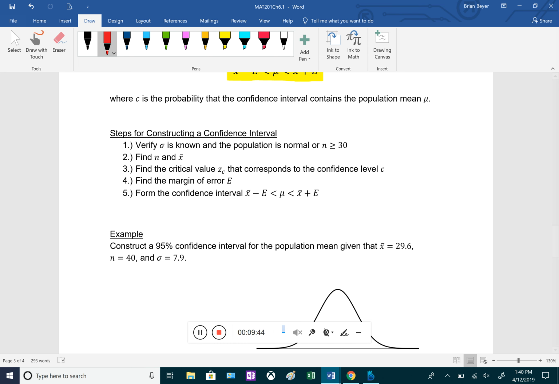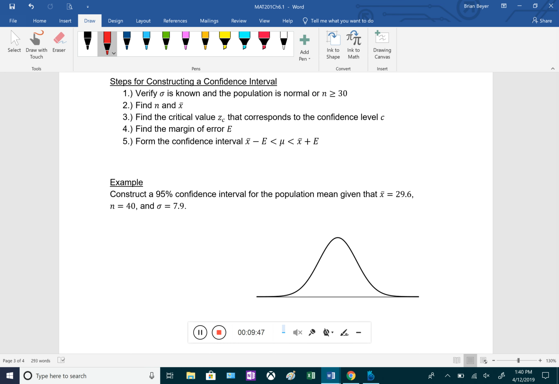So the general steps here for constructing a confidence interval: we're going to verify that sigma is known, because that means we use the z distribution, and that the population is normal or n is greater than or equal to 30. Then we're going to find the sample size n and the sample mean x bar. Those steps should be pretty easy.